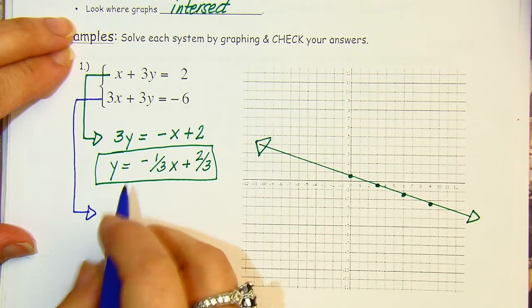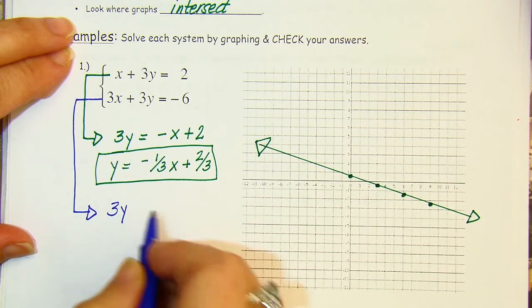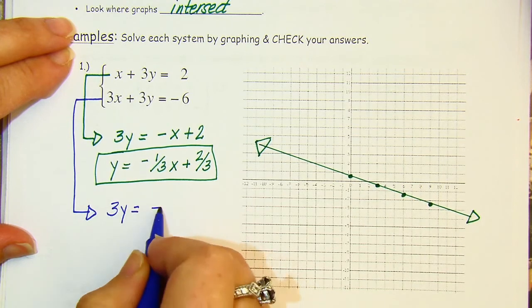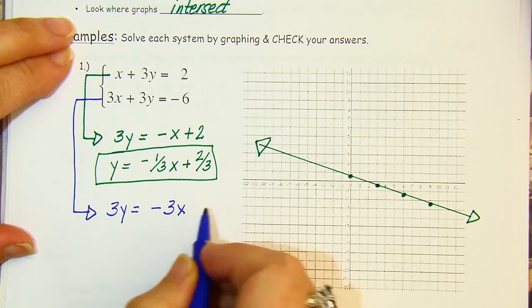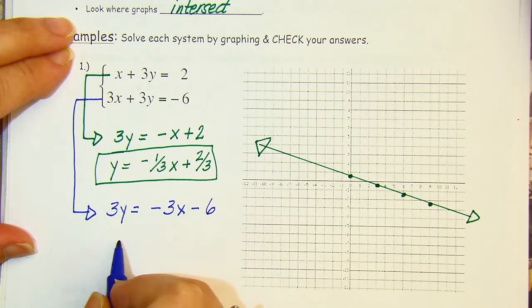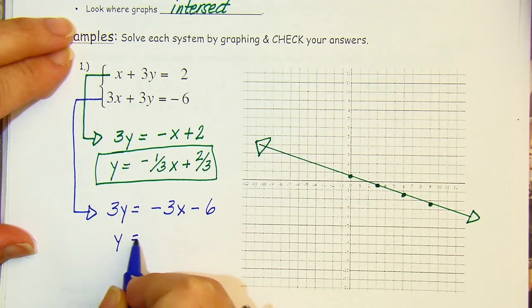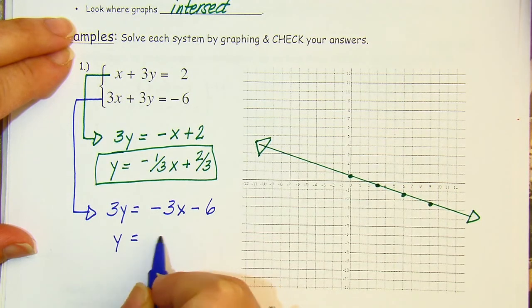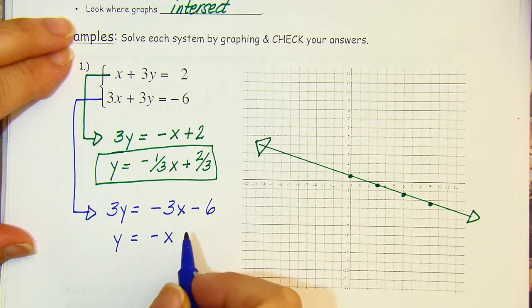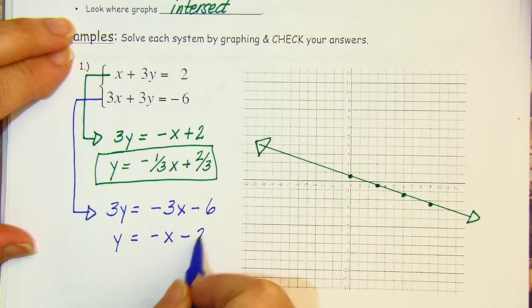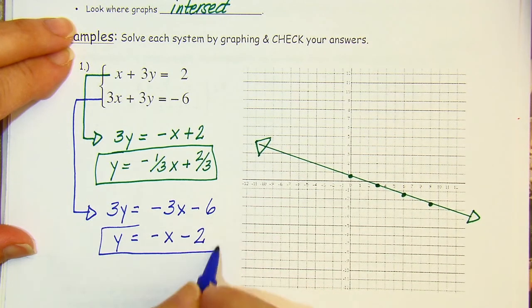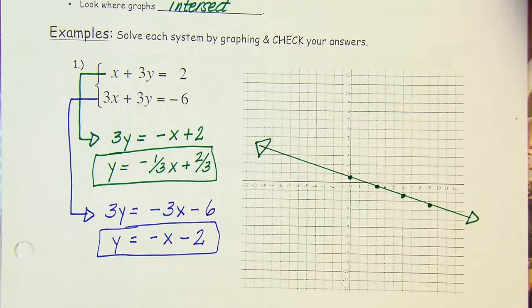I'm going to move the 3x because I want the y on the left side. So 3y equals -3x, subtract 6. Divide all by 3. So this becomes y equals -x, or -1x, subtract 2. There is my second equation.